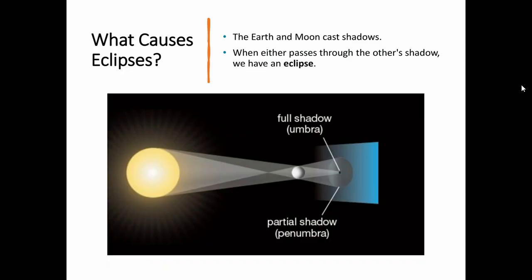So in this diagram, here's the sun, here's the moon, and anything that's directly behind the moon such that you can't see any part of the sun is going to be in this shadow. And so if some place on the Earth happens to be in the shadow, then you have what's called a solar eclipse, where the sun is being eclipsed by the moon.